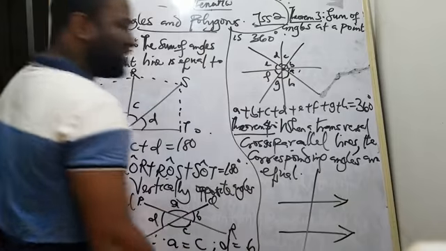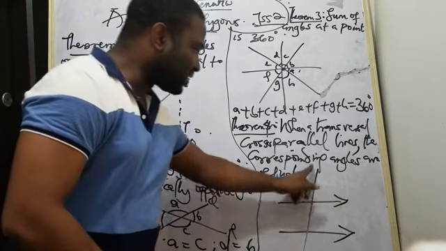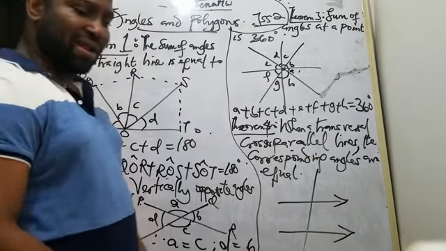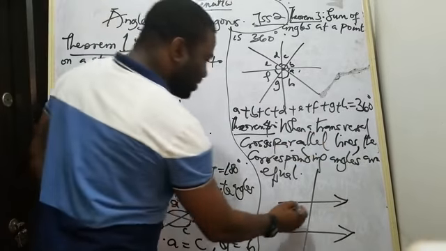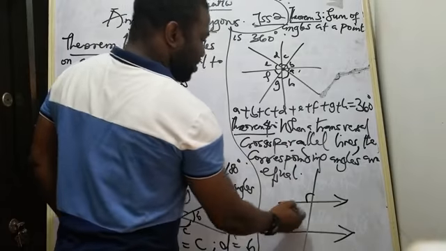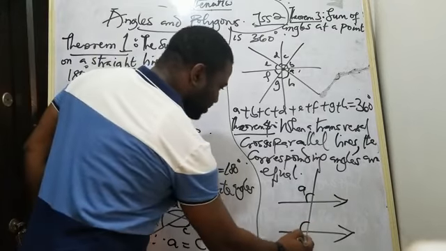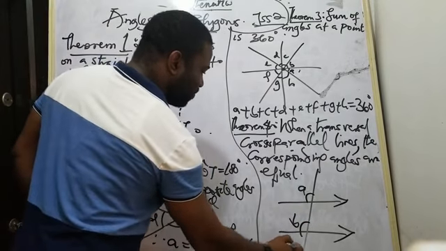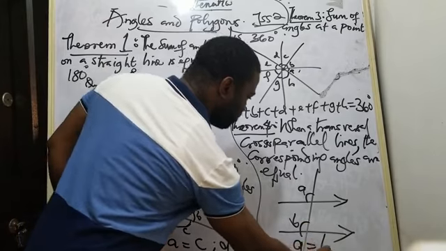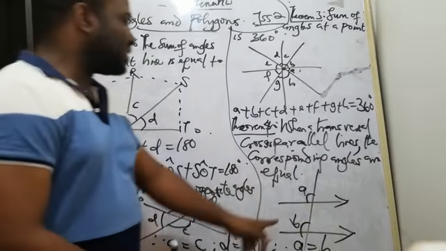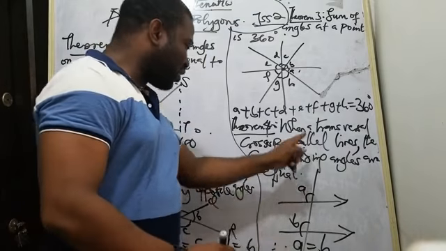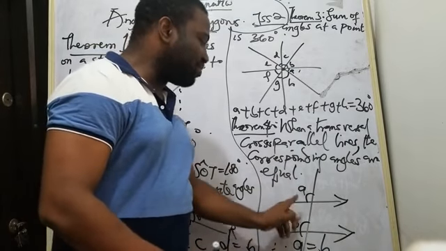And then this is a transversal. If it crosses the parallel lines, then these corresponding angles, if you have A here, and here, let's say this is B, it means therefore A will be equal to B. Why? Because this transversal is crossing the parallel lines.